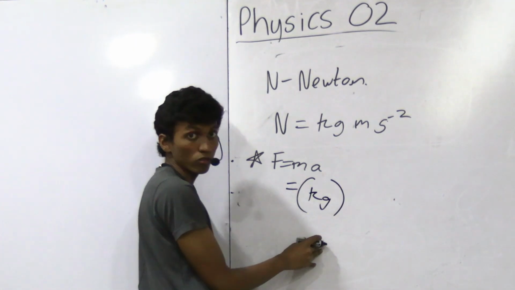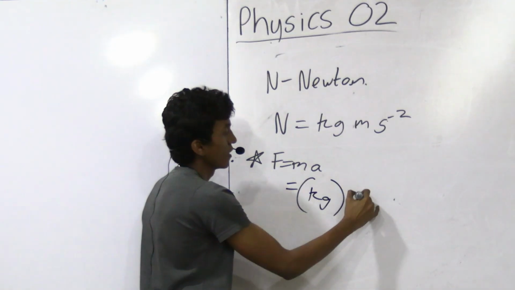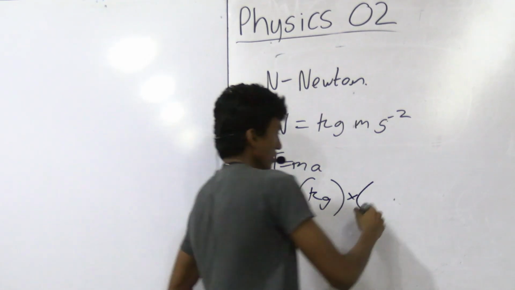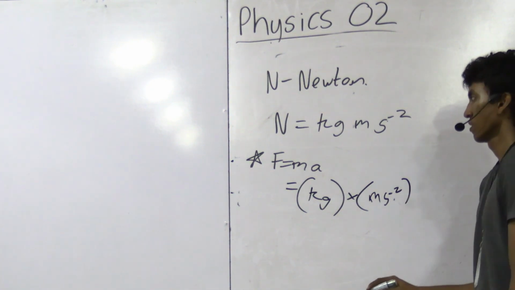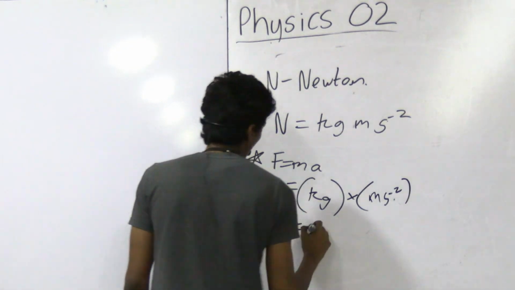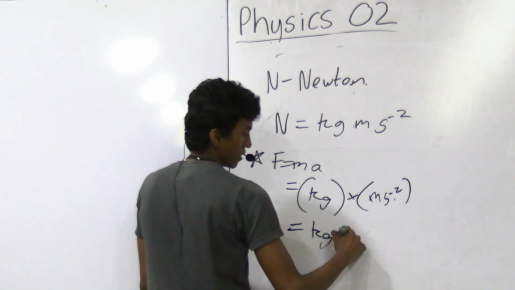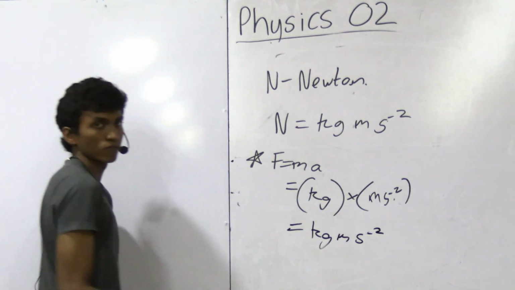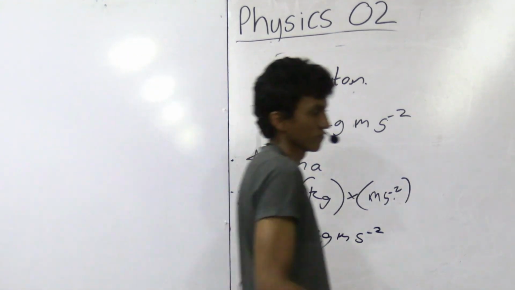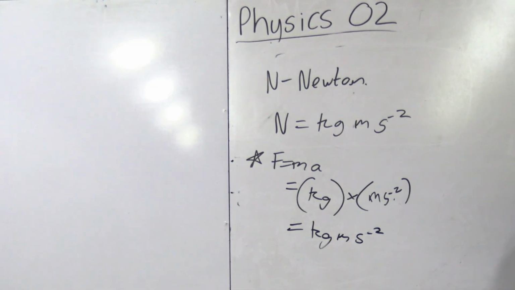SI unit is kilogram, not grams. And the unit for acceleration is meters per second squared. So simply they multiply to give kilogram meters per second squared. So the answer is 1.